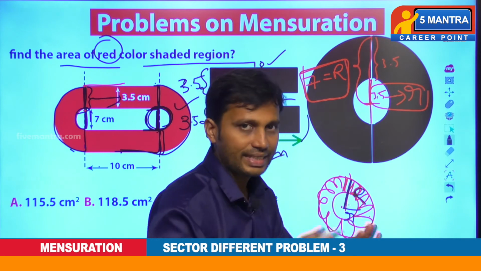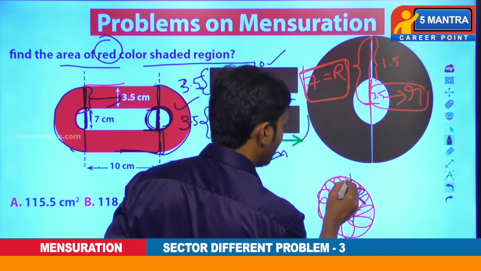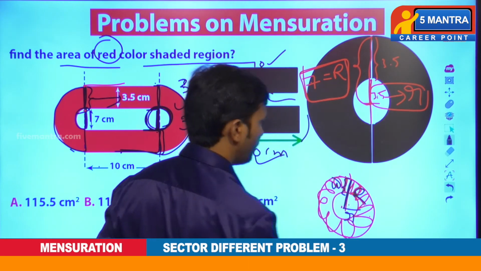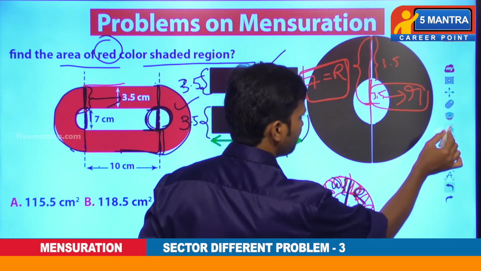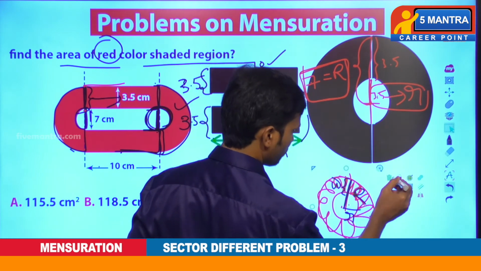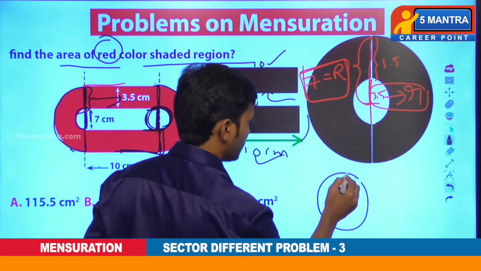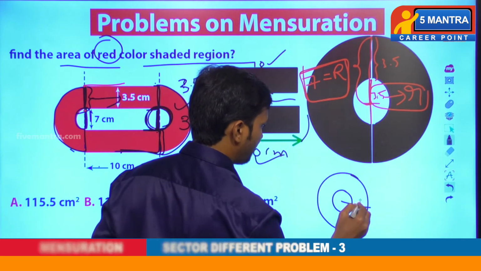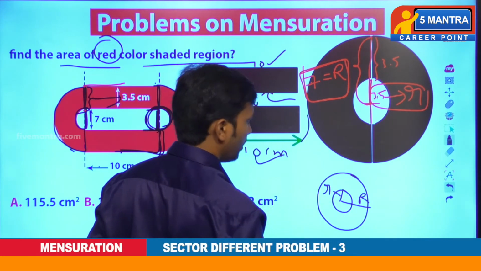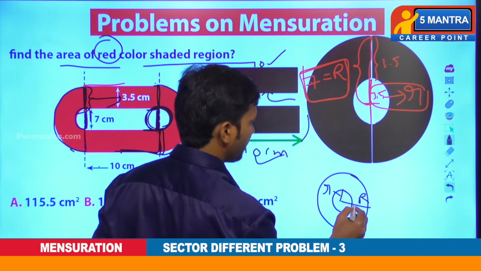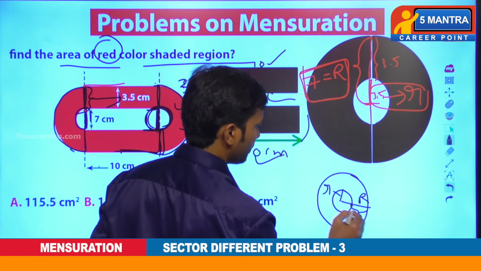Then what is the area? Let this be the width of the path. Let me show you here: this is a capital R and this is a small r. And this is the width, or not? Width.